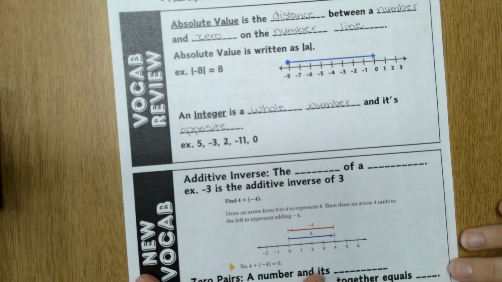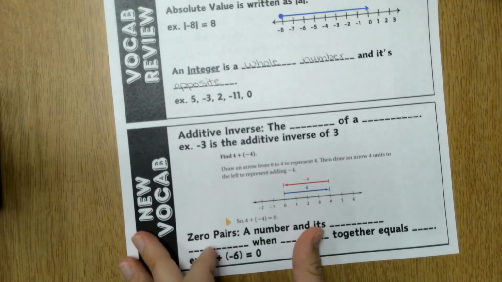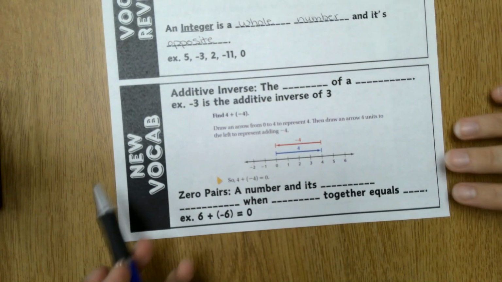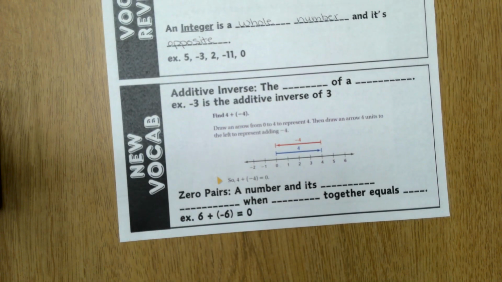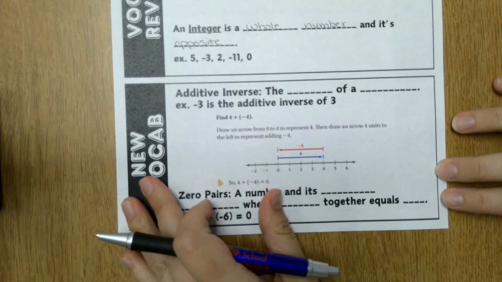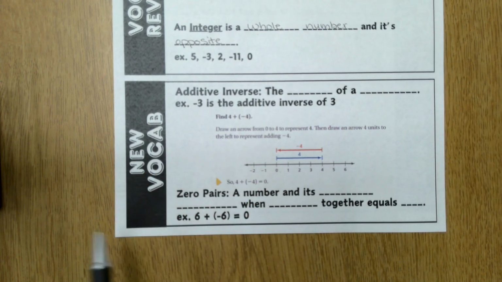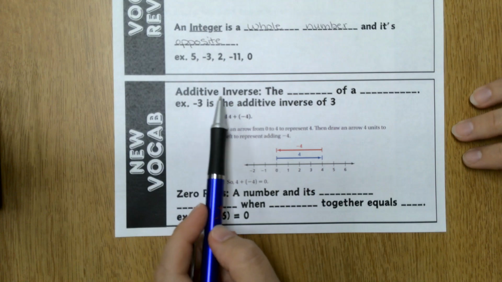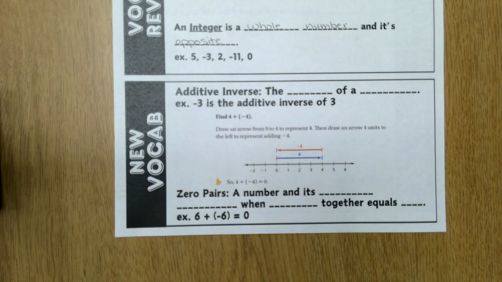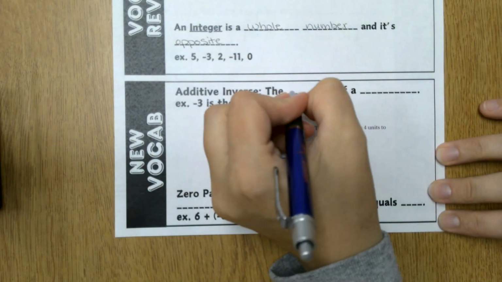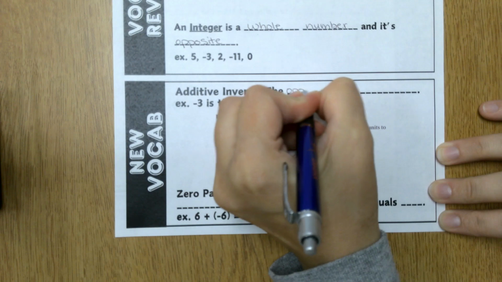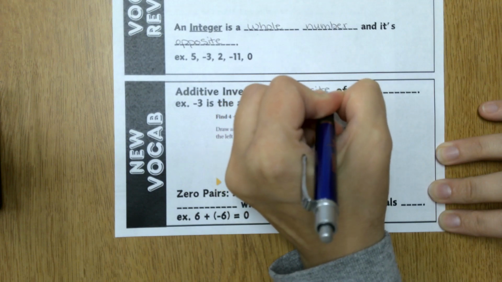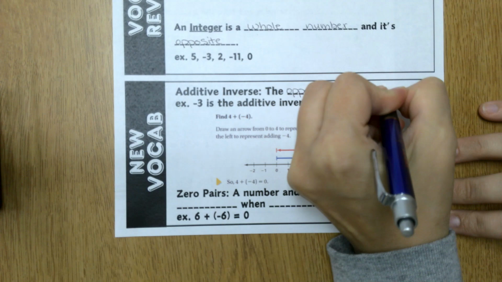Okay? So let's move into our new vocab. Our new vocab, these are not super challenging, but they are important terms for you to become familiar with, okay? So this first one is called additive inverse. The additive inverse is the opposite of a number.